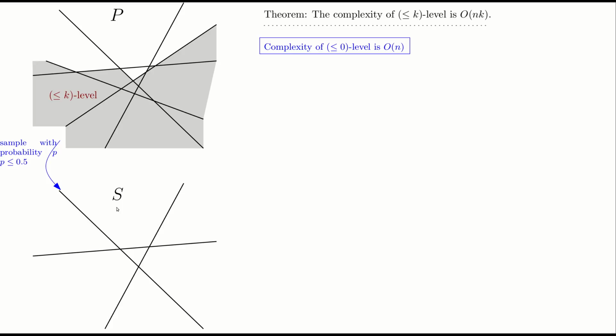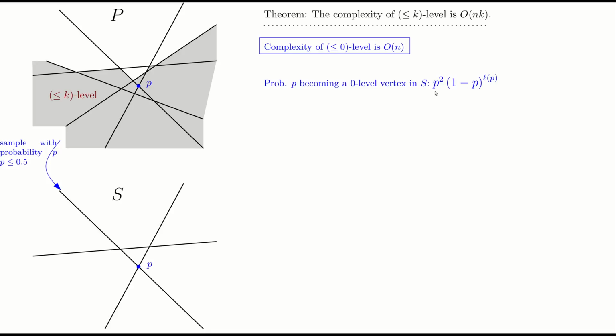Now we look at the point P in the original input, and we look at the probability of P becoming a 0 level vertex in the set of lines S. For P to become a 0 level vertex, first of all, we must sample the 2 lines that define P. Since the lines are sampled independently with probability p, this is equal to p squared.